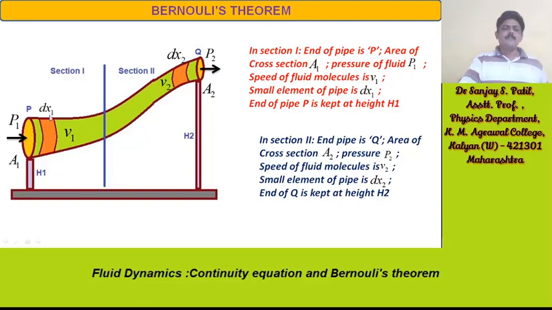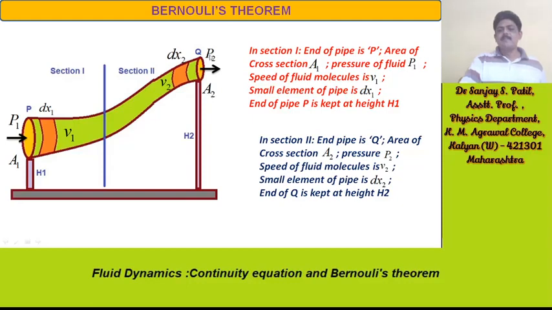The small element of the pipe at section 1 is dx1 and the speed of the fluid molecule is v1. The fluid enters at end P of the pipe with a certain pressure, that is P1 at end P. Similarly, in section 2, the end of the pipe is Q and the area of cross section is A2.